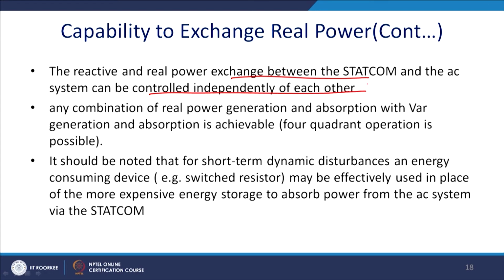This is one of the features we have seen, the four-quadrant operation of the STATCOM with power storing devices. Any combination of real power generation and absorption with VAR generation and absorption is achievable, so four-quadrant operation is possible.